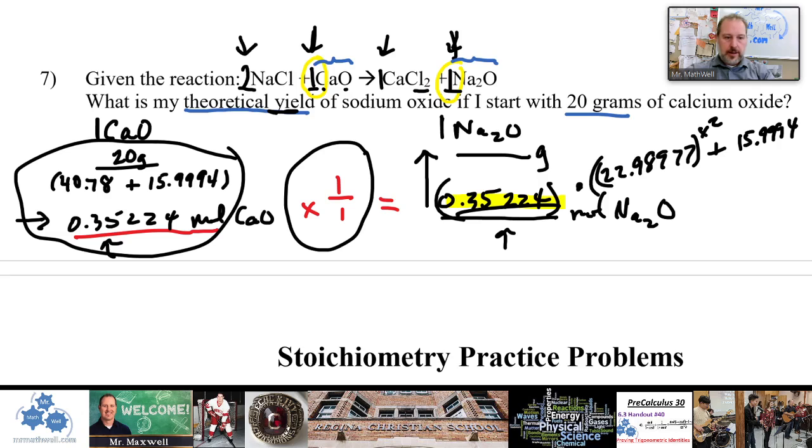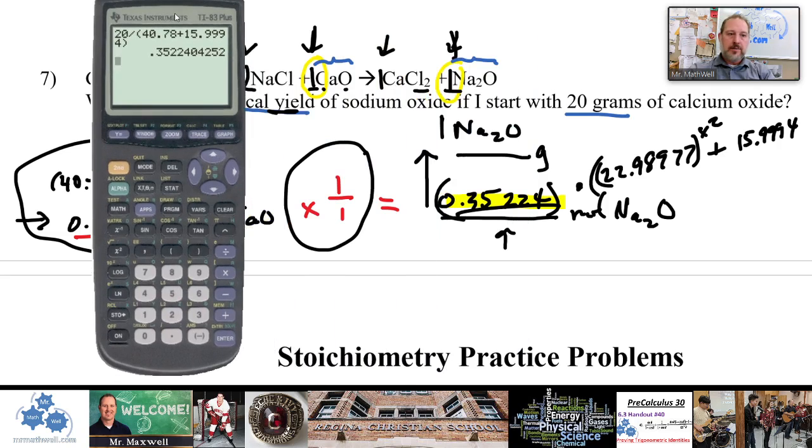Awesome. Get out my calculator here. I've got the number of moles already on my calculator, so I'm just going to hit times, and I'm going to use brackets. 2 times, and I'll use another set of brackets there for 22.98977, plus 15.9994. And I think I should have 2 closed brackets there.